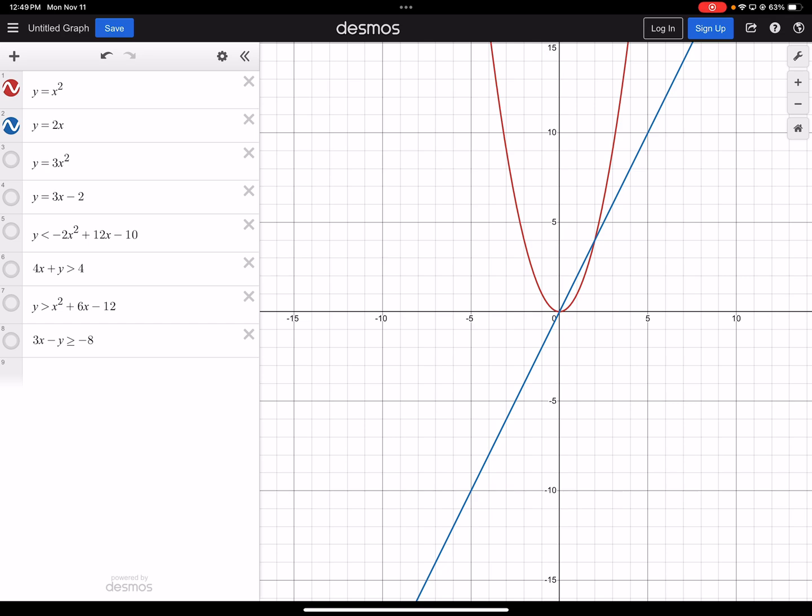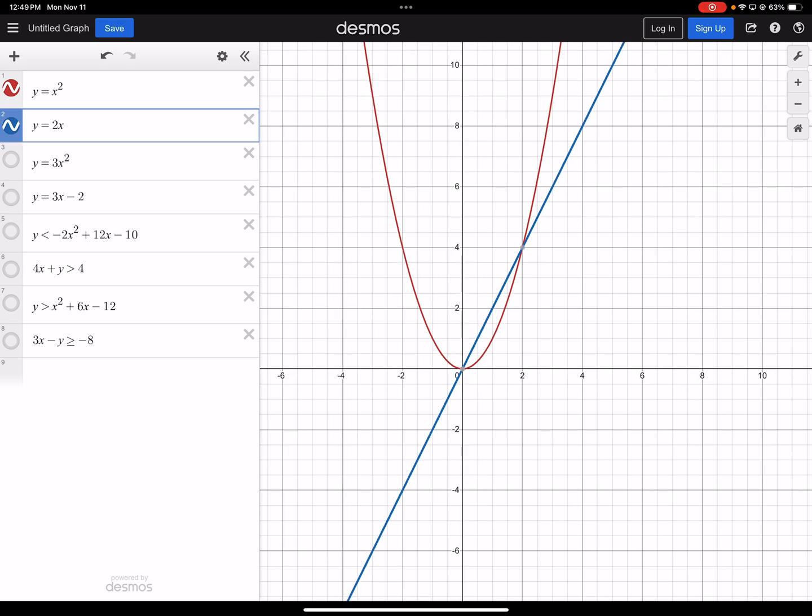And you'll notice that they intersect both here and here. So in this case, there are 2 solutions. Our line intersects our quadratic, or parabola, in 2 different spots. And we could find those spots. That's the point 0, 0. And that's the point 2, 4.